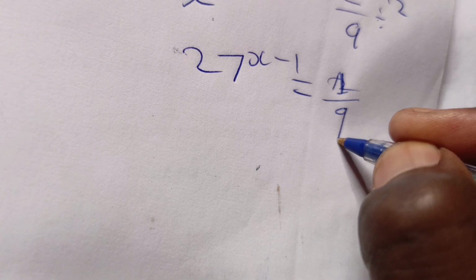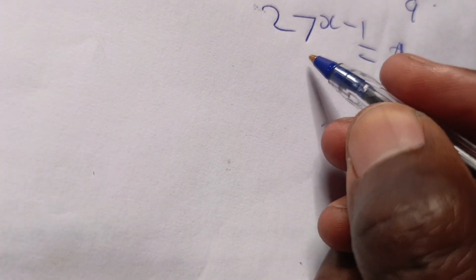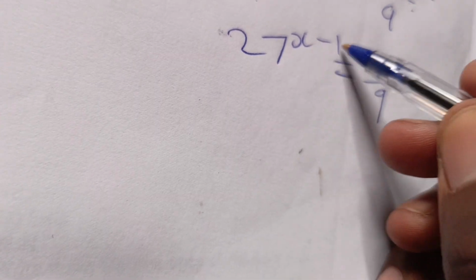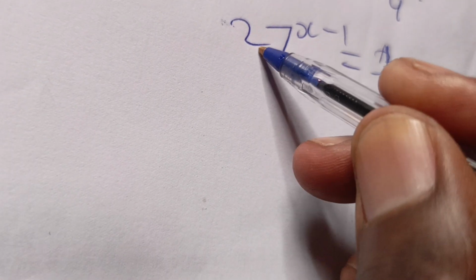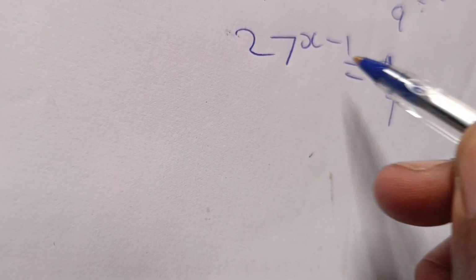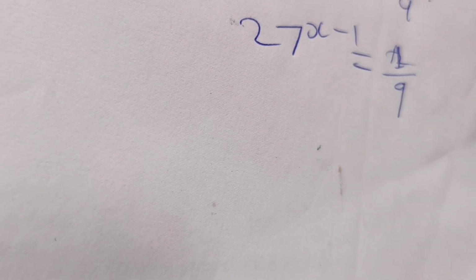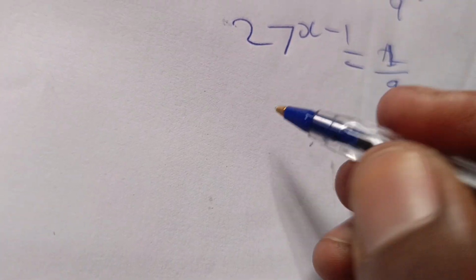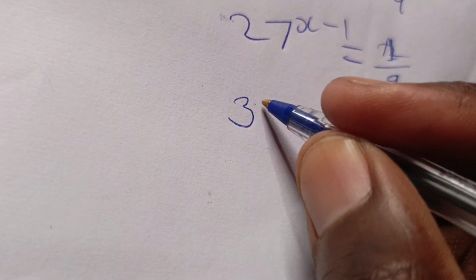Here we're trying to solve this equation. We cannot solve the powers unless we make the bases the same. So we get this 27. What number can we multiply to give us 27? It's 3.